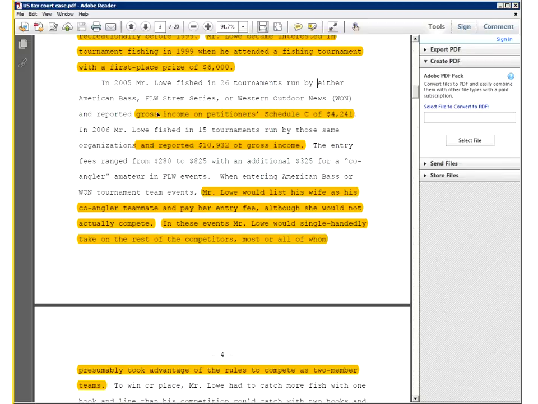And let's see here, this is gross income, not net. That's a big difference. So gross income, he won $4,000 in tournaments and then $10,000 in the following years. So the main years we're focusing on here are the 2005 and 2006 tax years.